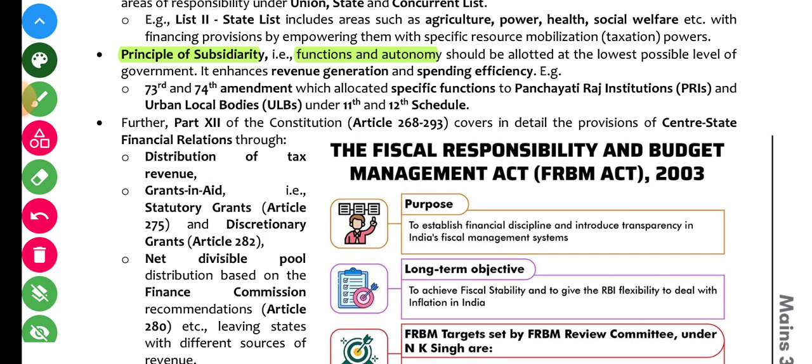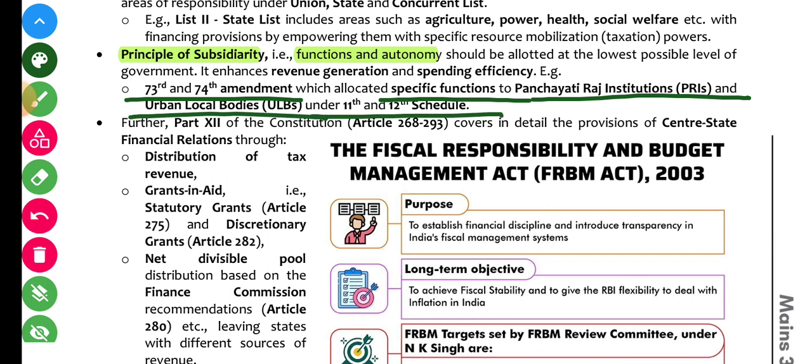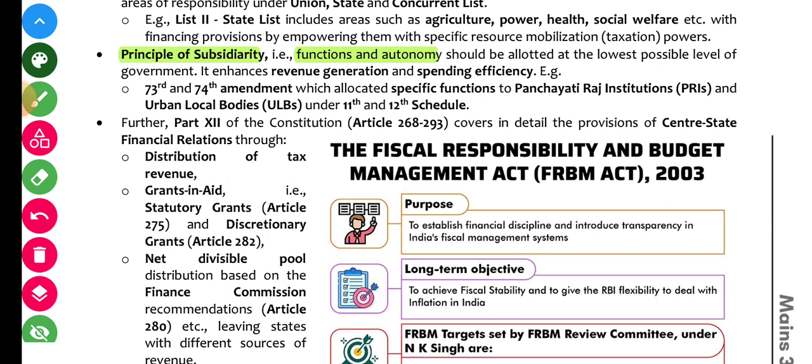So principle of subsidiarity enhances revenue generation and spending efficiency in rural areas. Per 73rd and 74th Amendment Act, specific functions to Panchayati Raj institutions and urban local bodies in 11th and 12th schedule of the Constitution. So you can remember this.